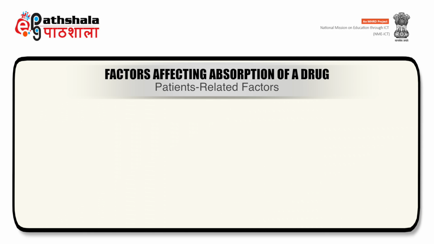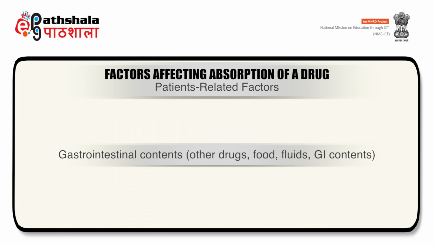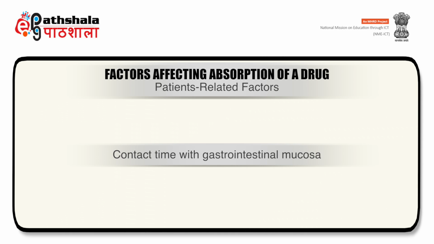Now, there are patient related factors like age, gastric emptying time, intestinal transit time, gastrointestinal pH, disease states, blood flow through GIT, gastrointestinal content other than drugs such as food and fluid, contact time with gastrointestinal mucosa, pre-systemic metabolism and route of administration, which also affect drug absorption.